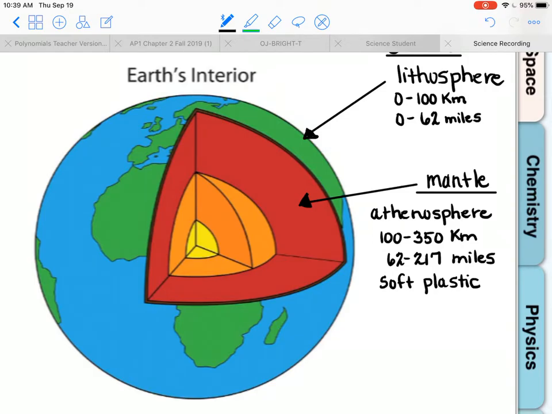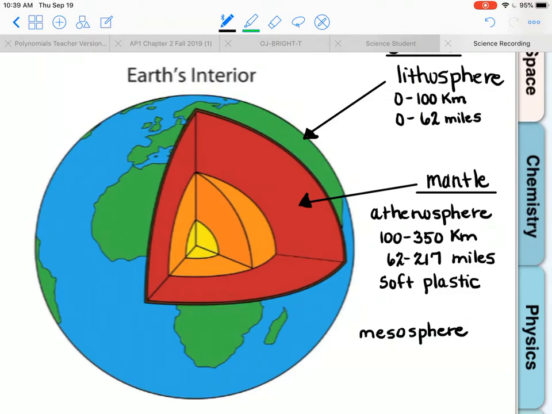So if we keep going downward and we're still in the mantle, we're still in this red area, we get to the Mesosphere. And meso means middle. So this is the middle ball. This is the center layer as we're working down toward the core of the Earth.